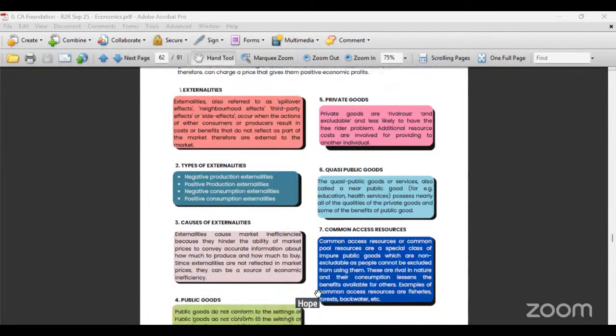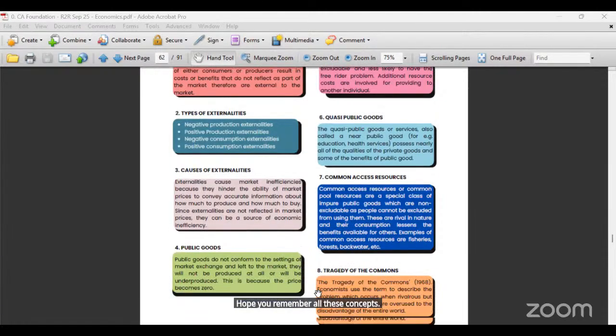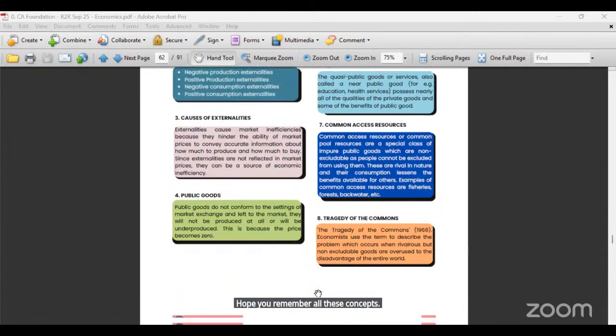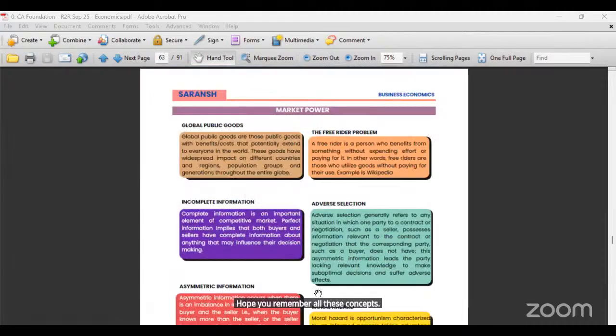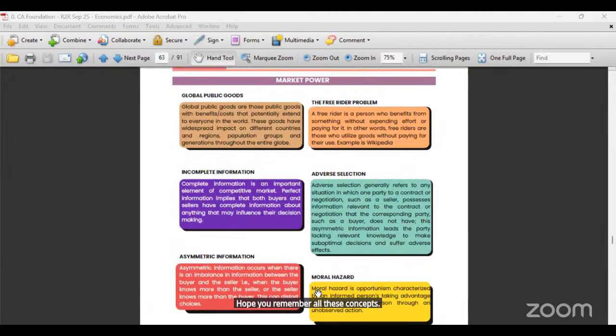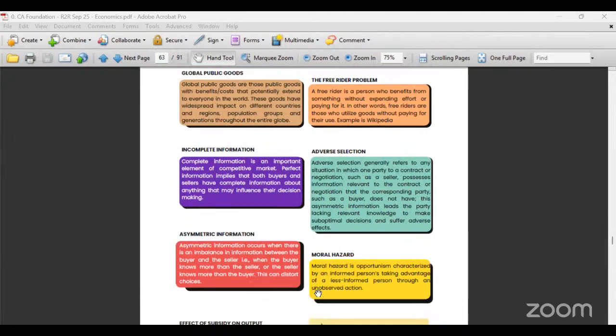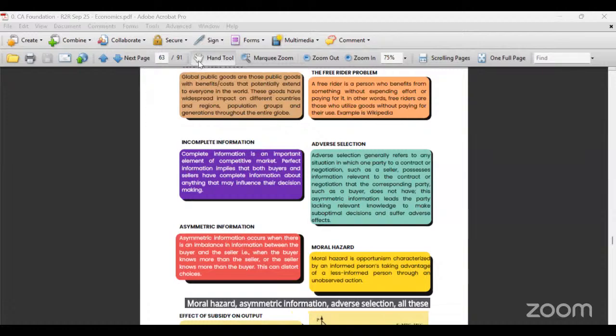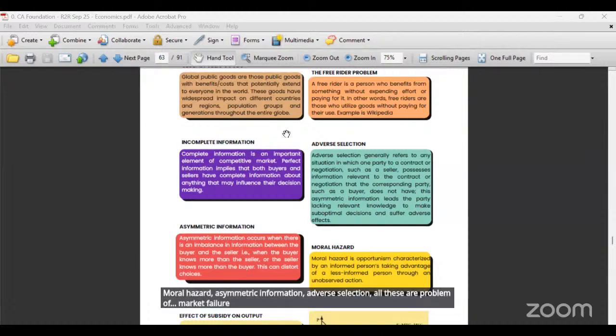Hope you remember all these concepts. Moral hazard, asymmetric information, adverse selection, all these are problems of market failure.